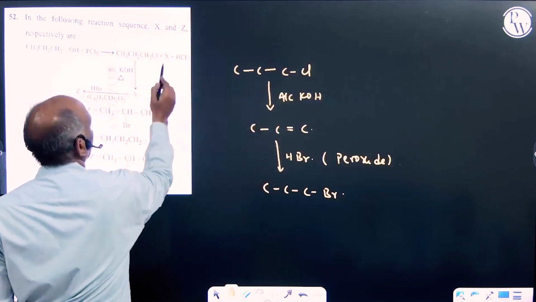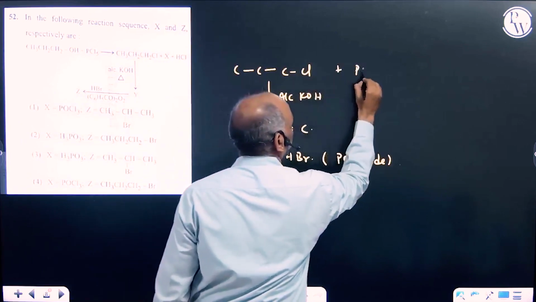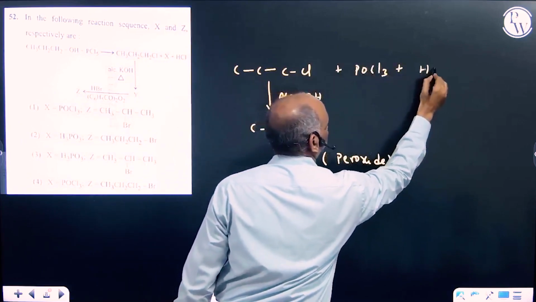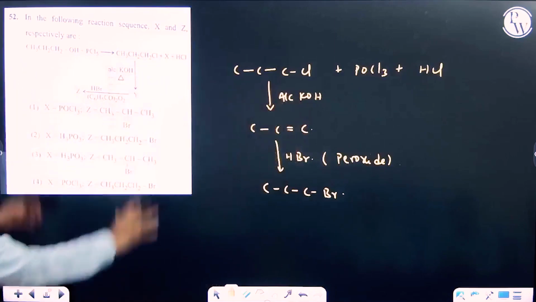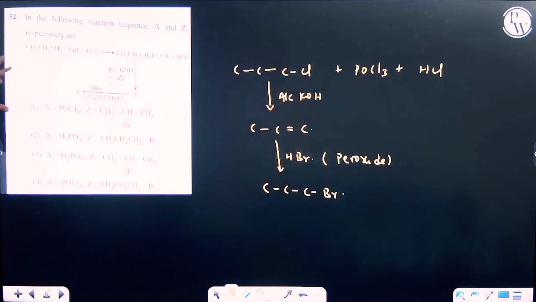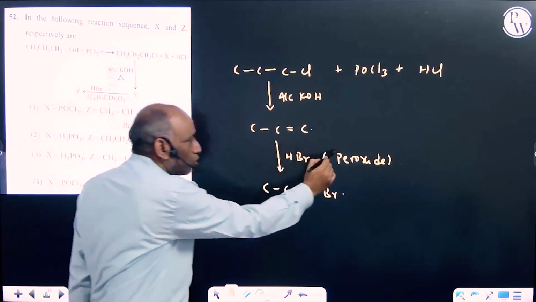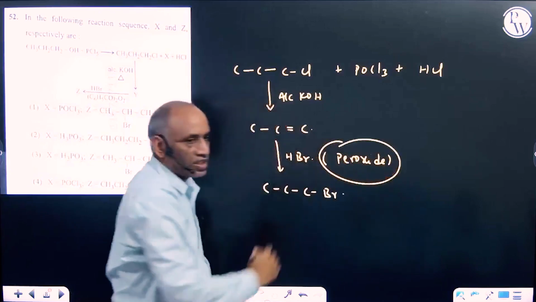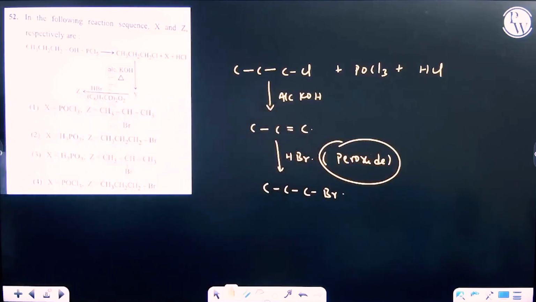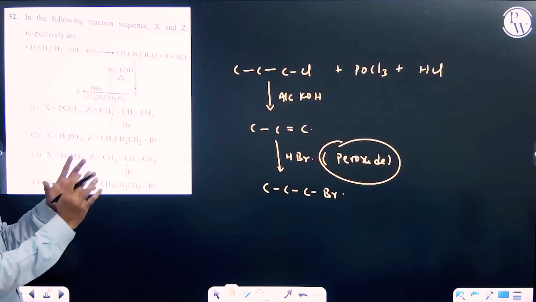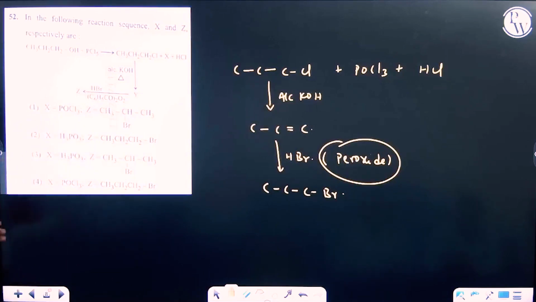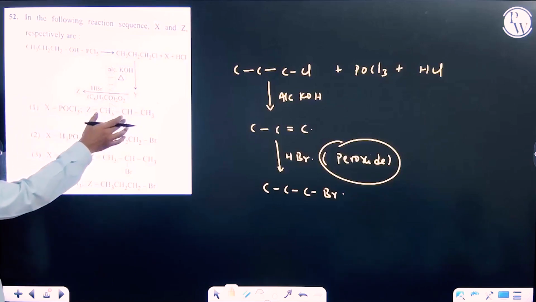And here, if you look at this, X is nothing but POCl3 and the other product will be HCl. This is a celebrated reaction in preparation of alkyl halides. So if at all you ignore this or in a hurry you miss it out, you will directly go for it as a simple alkene treated with HBr, the reaction takes place and you will follow Markovnikov's rule, and the first option is waiting for you.